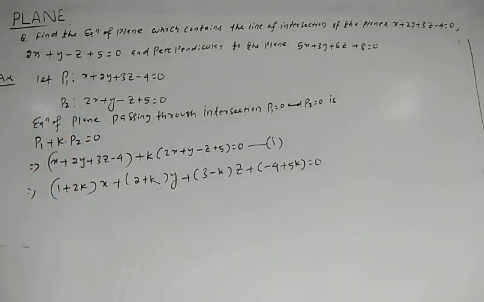So this is equal to minus 4 plus 5k is equal to 0.